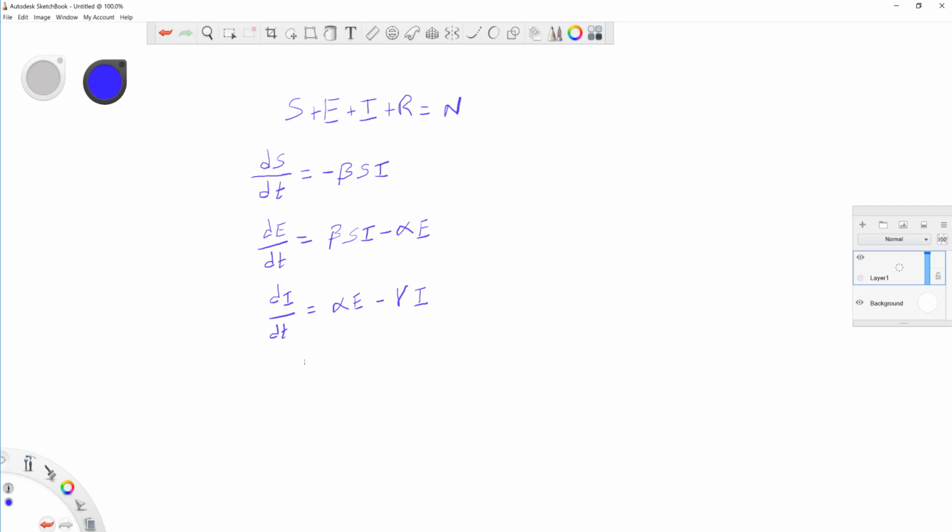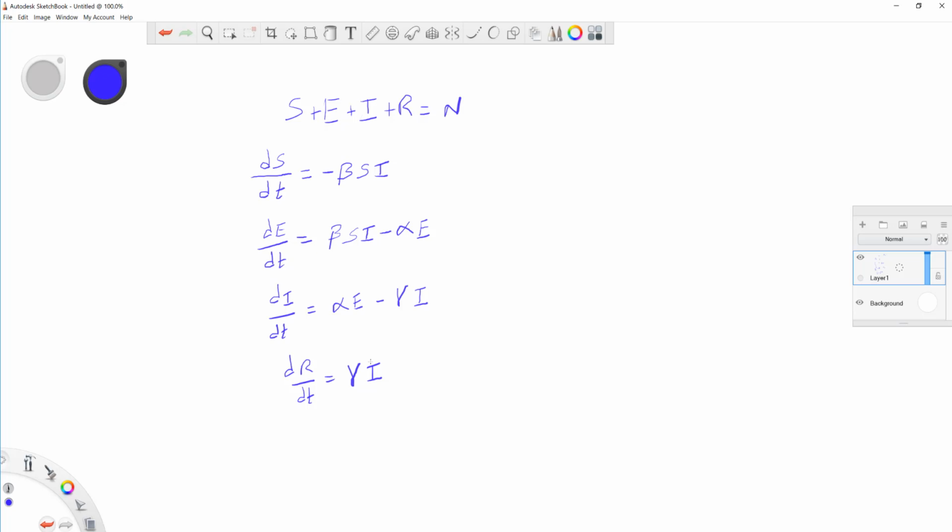Well, we have one more, R. So dR, the change in the number of people that are recovered as a function of time. And this is a fraction of your infected people, right? Some of them are going to be recovered. So these are the primary equations. And again, I should mention that, for example, the number of people exposed to the disease grows with the contact rate with others, and decreases based on the incubation period.